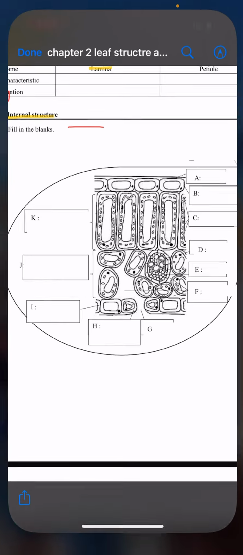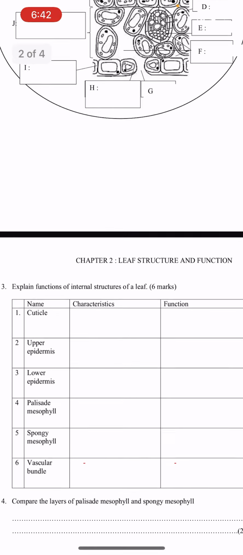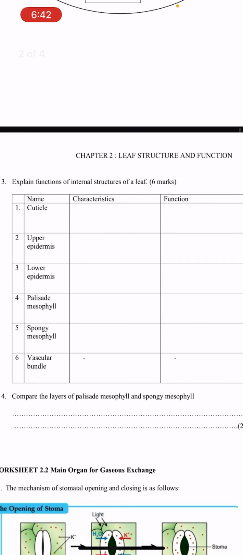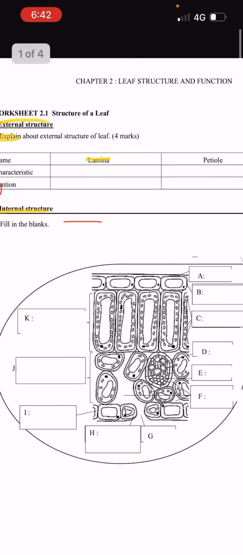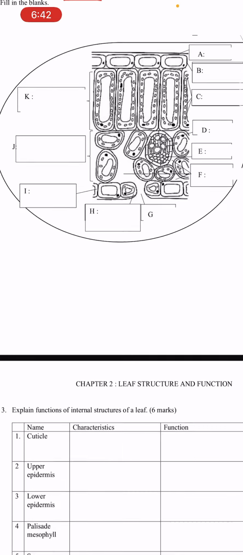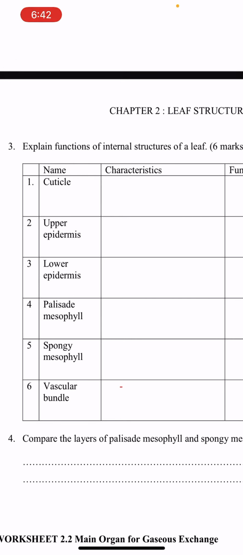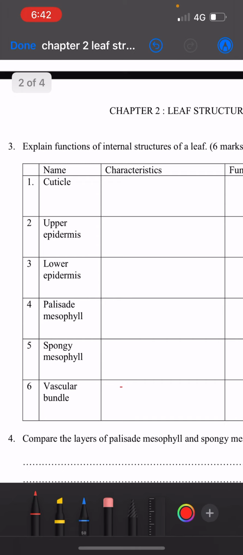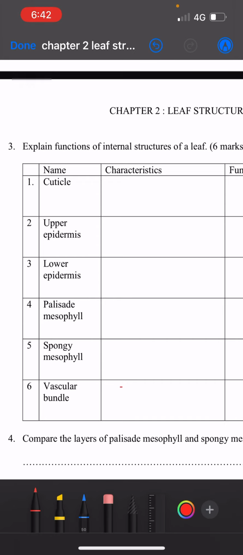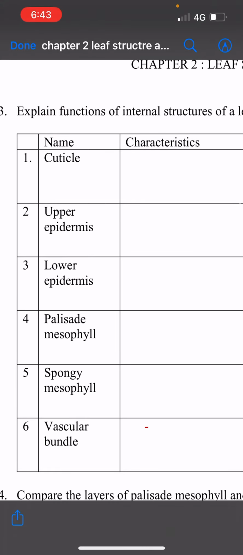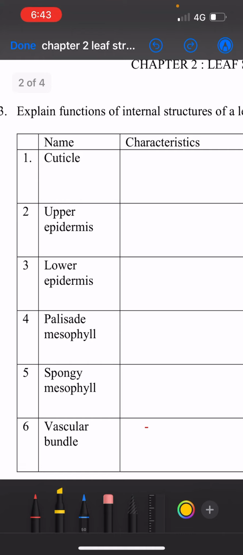Now we are focusing on the answering technique, the same technique we discussed just now about explain the function. So let's change the question to this one: explain function of cuticle, for example.